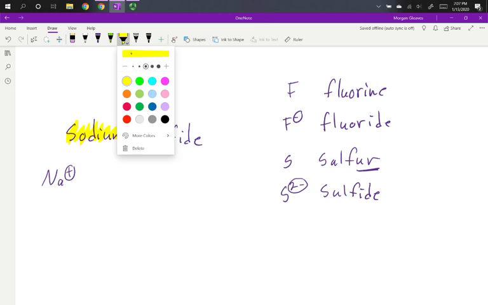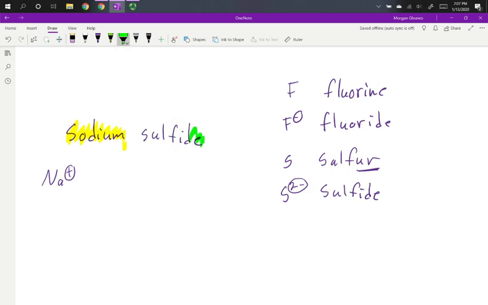And sulfide, that's an anion, IDE tells me it's monoatomic, so it's one atom, and the sulf tells me it's a sulfur. So I put in the S, I go figure out from the periodic table what the charge is, it's 2-. So I know that this compound is made from sodium ions and sulfide ions.